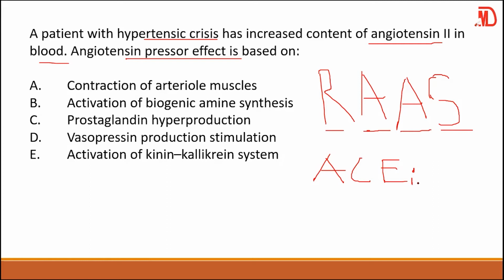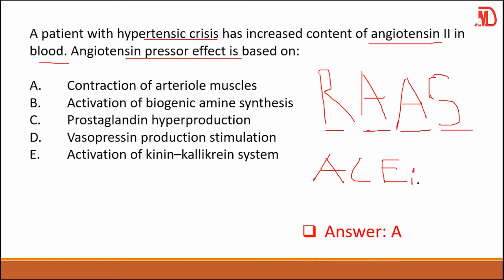But what is the exact function of this angiotensin? This angiotensin leads to contraction of the arterial muscles. That means it's contracted and it will increase the pressure inside the body. So over here, we are looking at contraction of the arterial muscles. And this contraction is what activates the release of the renin.